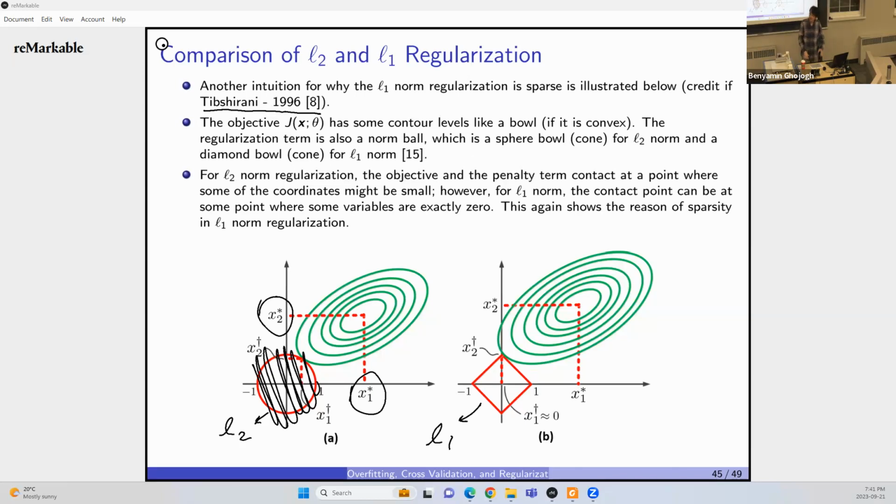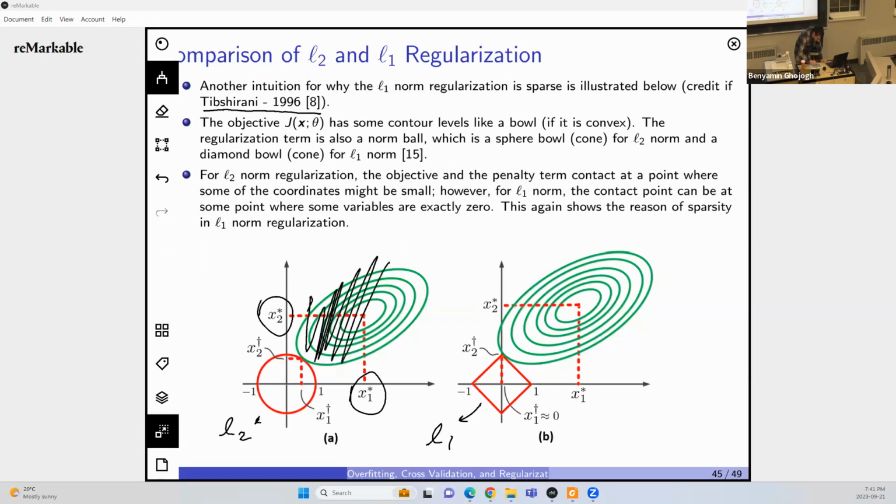For a second, forget the actual cost, and only consider the minimization of the norm. What do I mean? Minimize the squared L2 norm of x, but I don't have any J. Completely forget this cost.